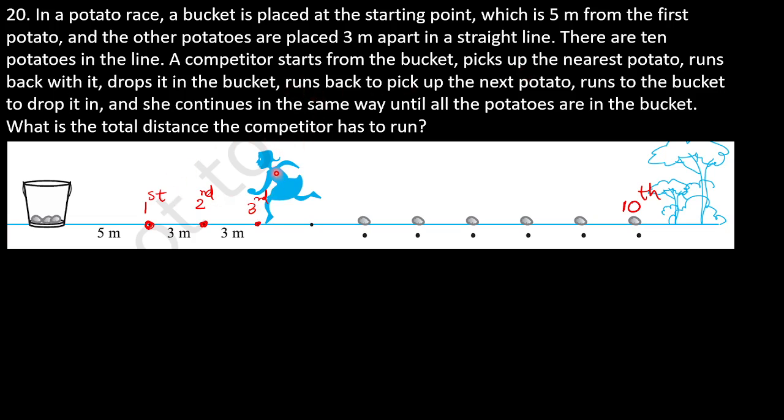The person has to run, pick up a potato and run back, and place it in the bucket. A competitor starts from the bucket. Initially the competitor is standing near the bucket.